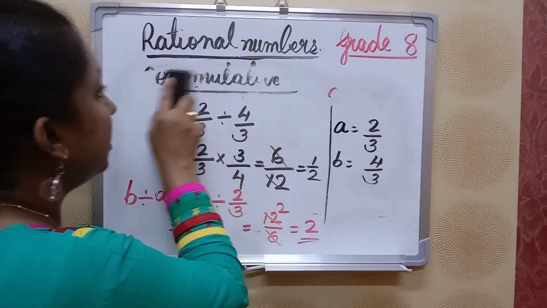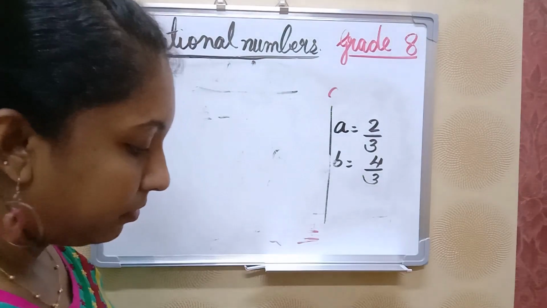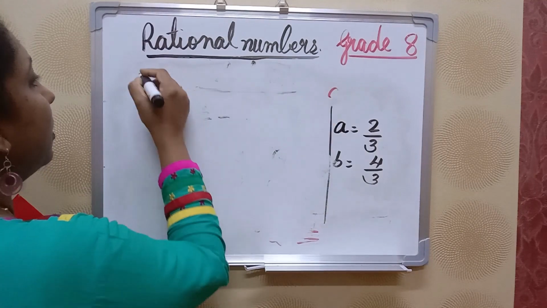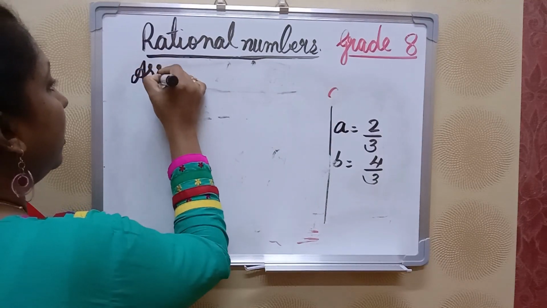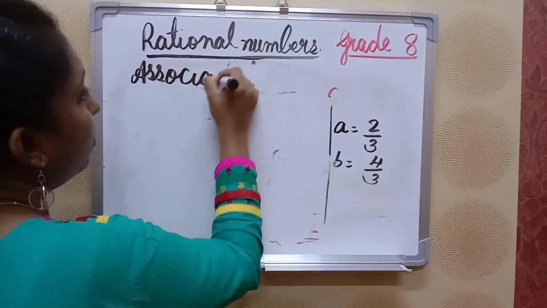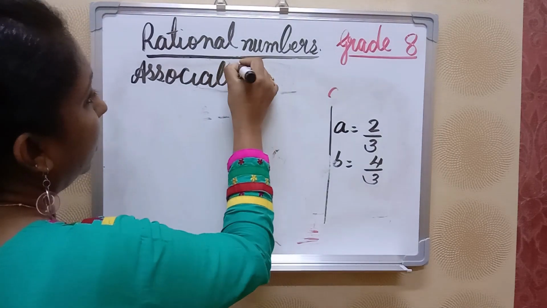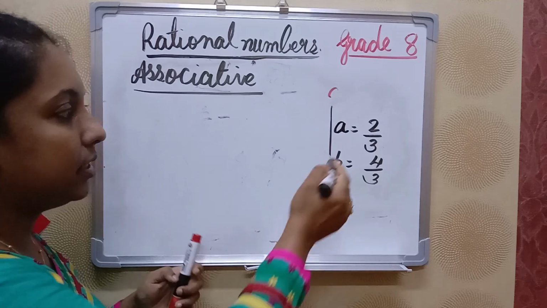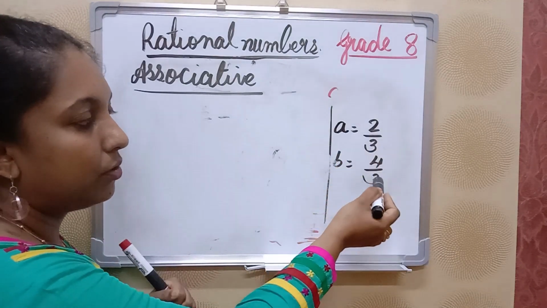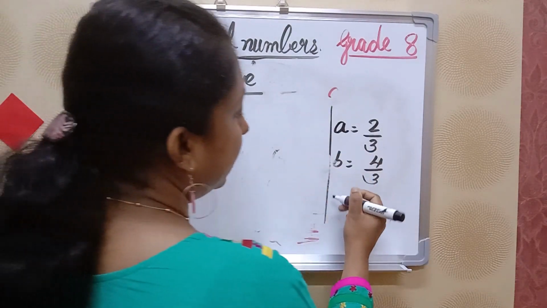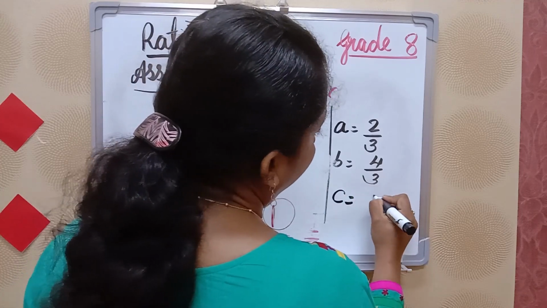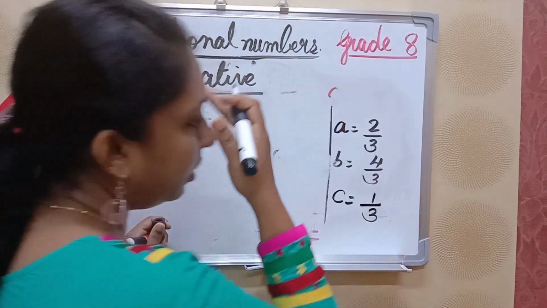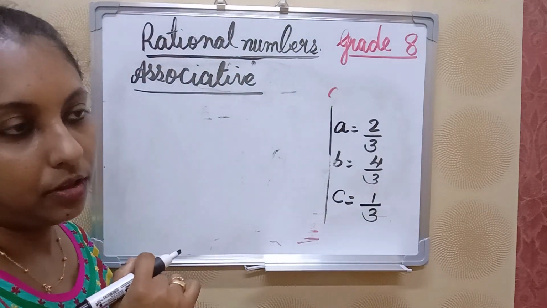Next is the associative property. Associativity, we can also say associative. A is equal to 2 by 3, B is equal to 4 by 3, then C is equal to 1 by 3. 3 rational numbers.